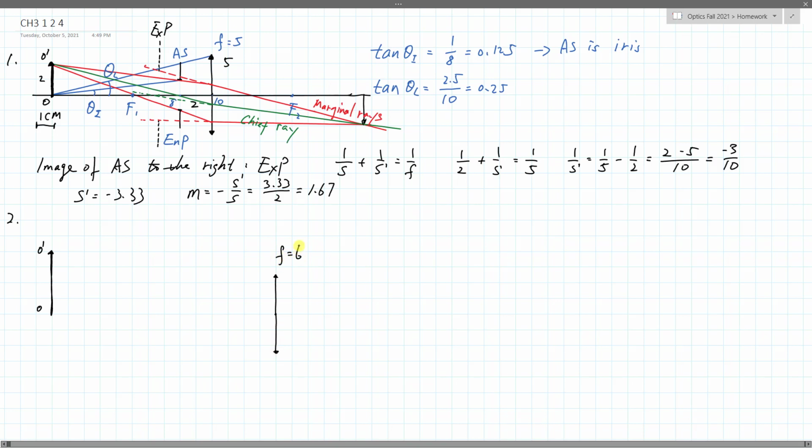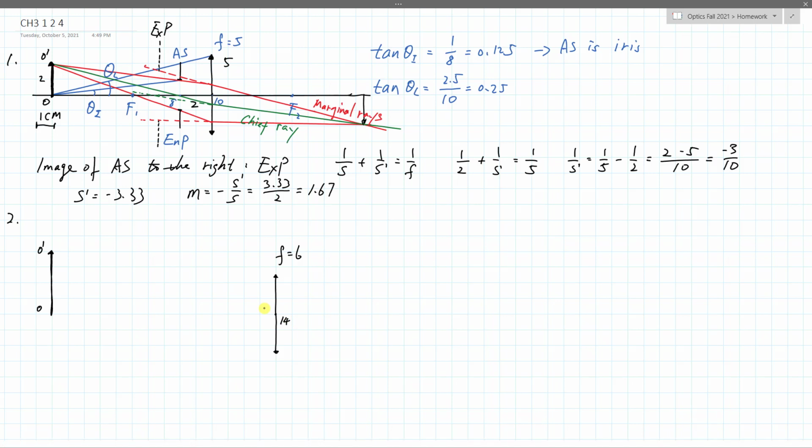So f is equal to 6. Okay, and we have this location at 14. So 14 centimeters from that origin there. And then we have a 2 centimeter aperture, same aperture.